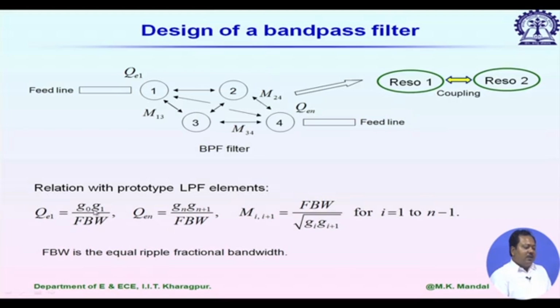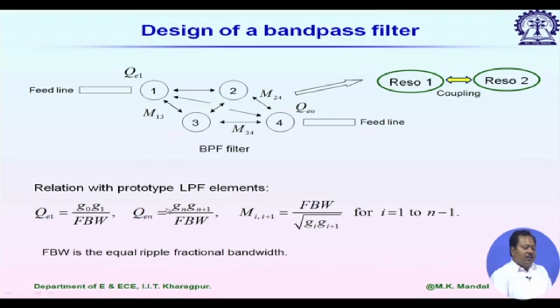This is equal to G naught G1 divided by FBW. FBW represents the fractional bandwidth. If you have the bandwidth, then simply bandwidth divided by the mid band frequency will give you the fractional bandwidth.